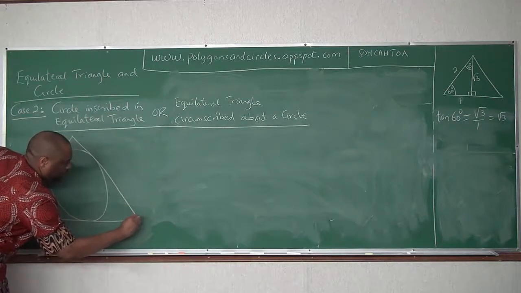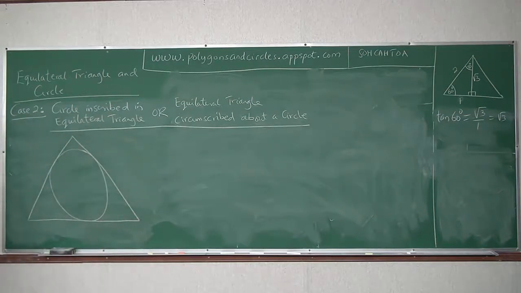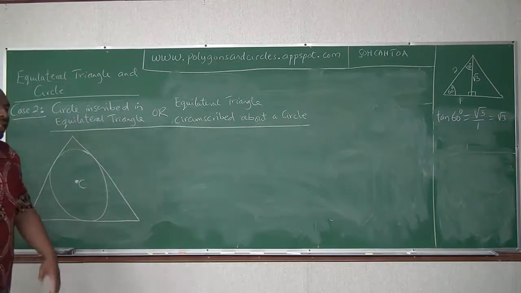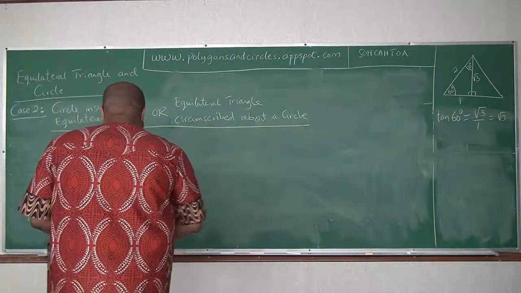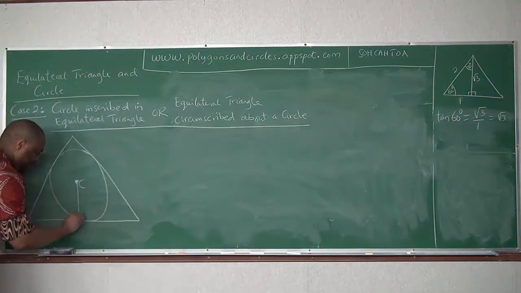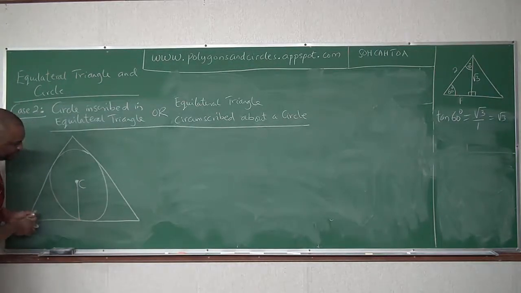So, case 2 looks like this. Circle inscribed in equilateral triangle. Okay, let's call this center C, as usual, and we will have here as our radius R.